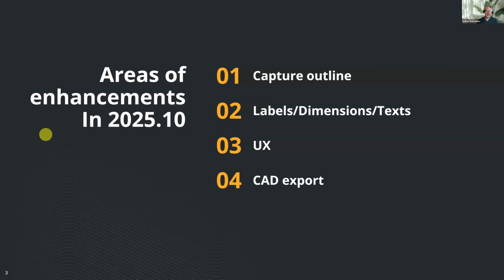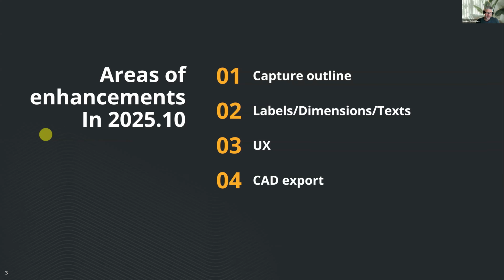Then we did a lot of small enhancements regarding labeling, dimensioning, and text. We did some UX changes and enhancements, and we looked at the cut export. There were as well some improvements to do.